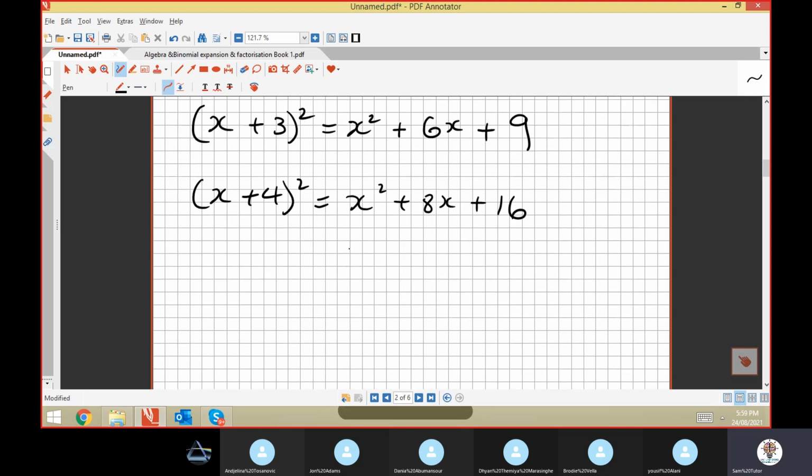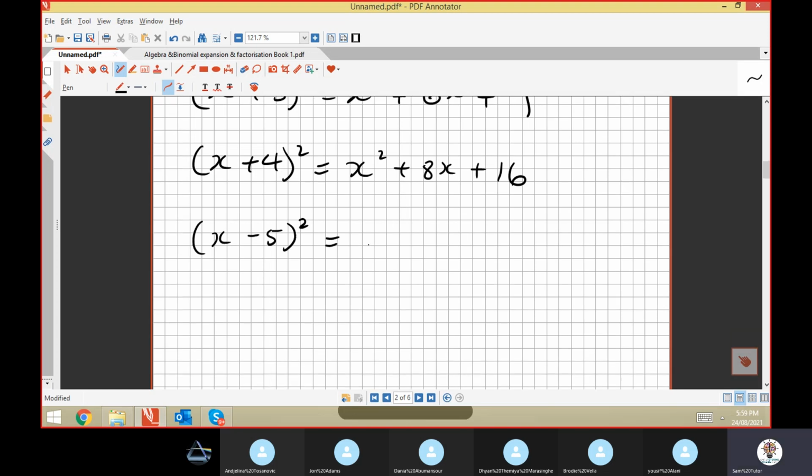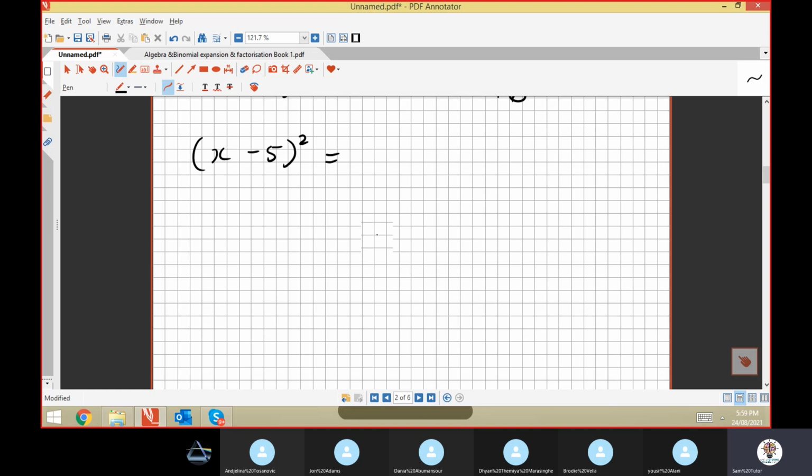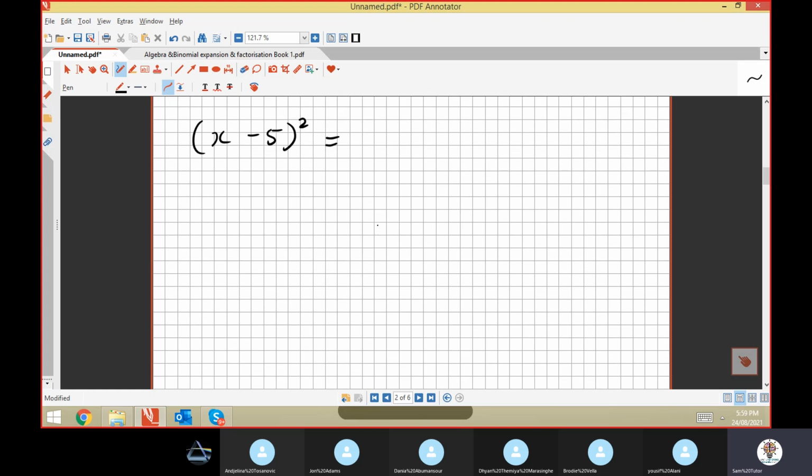Let's go a little bit higher now. (x − 5) squared. Okay, let's see who's going to put 2 and 2 together. Aya, what are you going to say? (x − 5) squared, what's your answer?